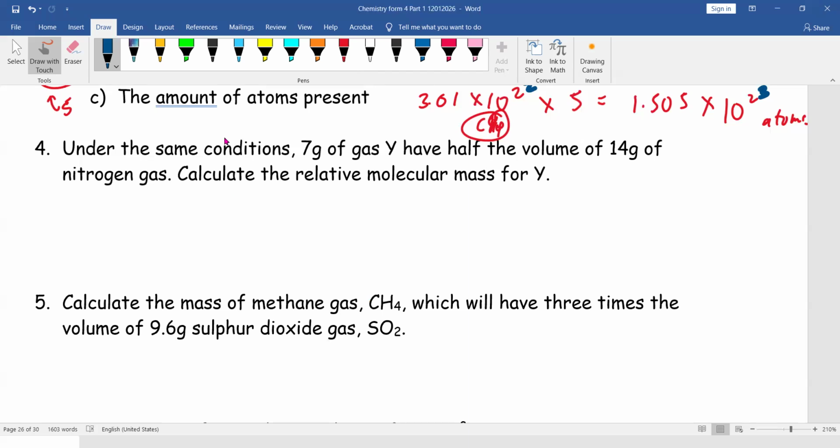Calculate the relative molecular mass for Y. It's not like algebra. You only need one formula. Amount of moles is mass over molar mass. There's only one thing which you can count. You try and do that first. I give you 2 minutes to think where to start.